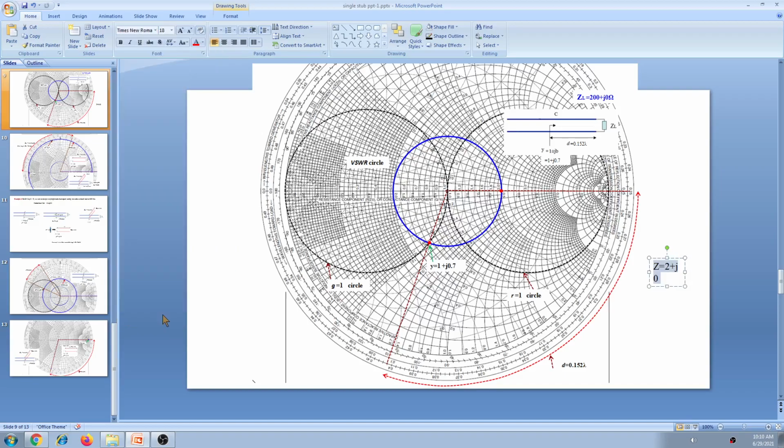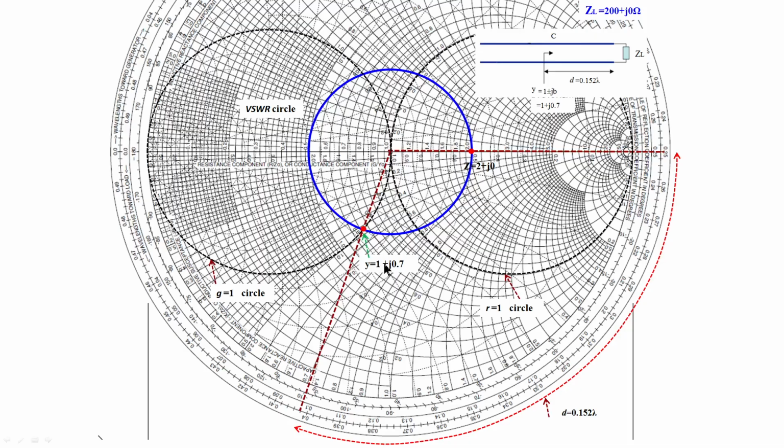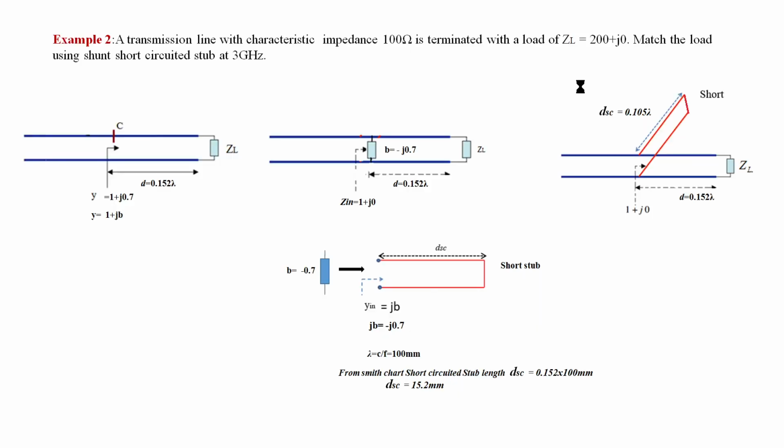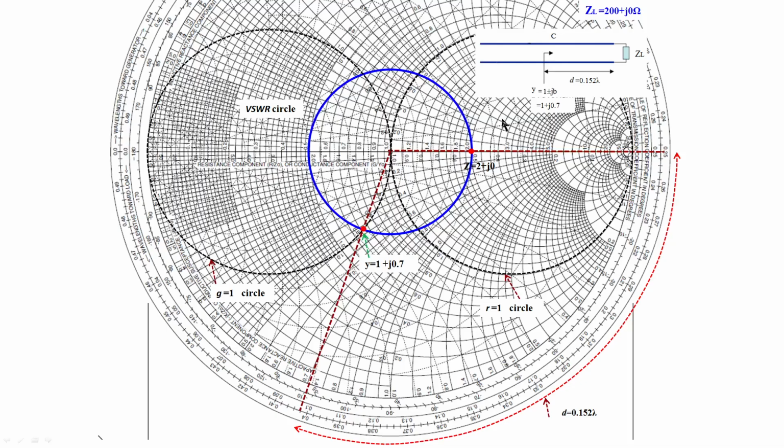So the normalized impedance is this, and it is marked on the Smith chart as 2 plus j0. The load is 200 plus j0; if you normalize it with the characteristic impedance of 100 ohm, the normalized impedance becomes 2 plus j0.